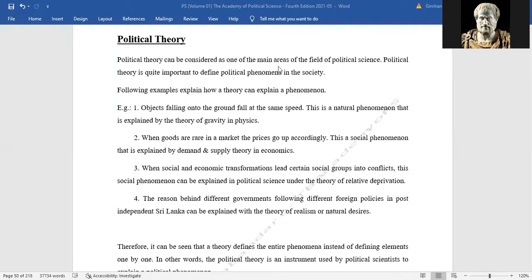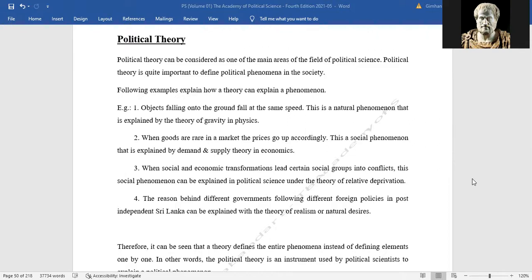When goods are rare in a market, the prices go up accordingly. This is a social phenomenon that is explained by demand and supply theory in economics. When social and economic transformations lead certain social groups into conflicts, this social phenomenon can be explained in political science under the theory of relative deprivation.